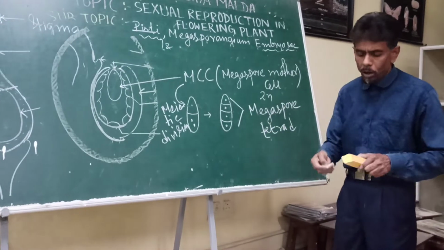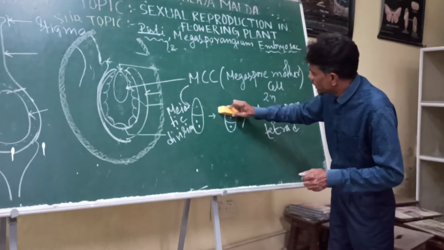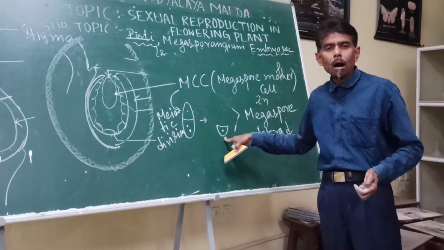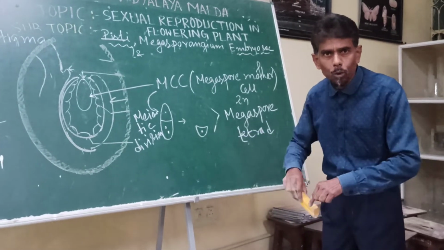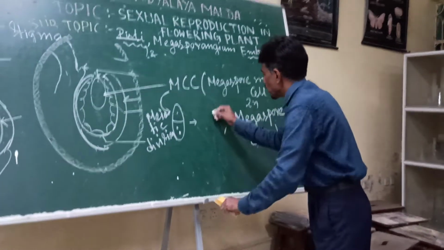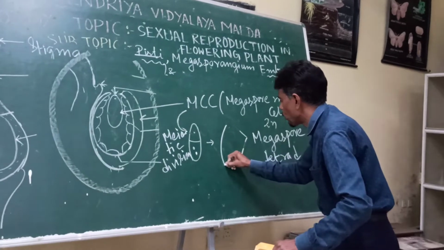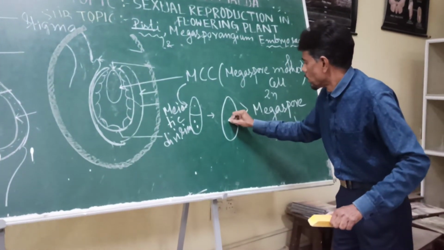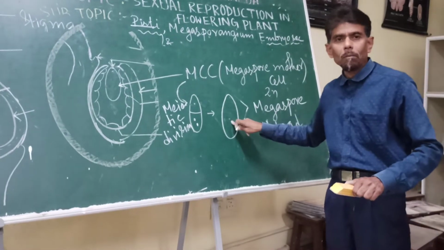Out of the 4, 3 cells degenerate, leaving behind a functional megaspore. From this functional megaspore the embryo sac develops.